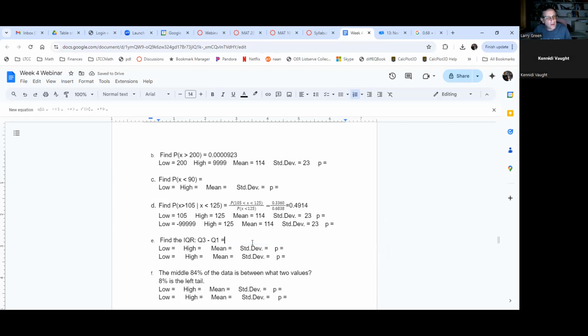Okay. The next one, I didn't erase all the stuff because I want to just walk you through it. Let's say you want a probability that x is greater than 105, given that x is less than 125.